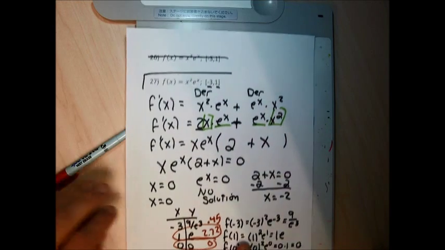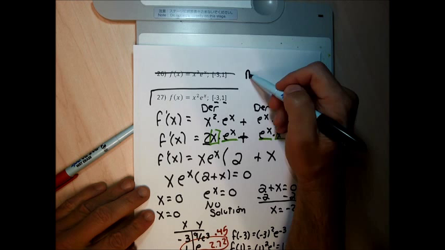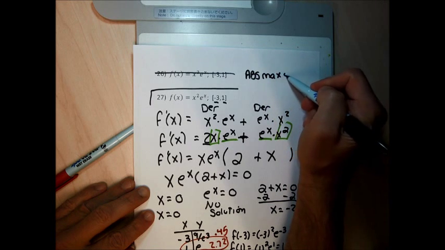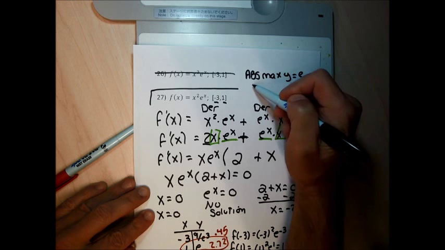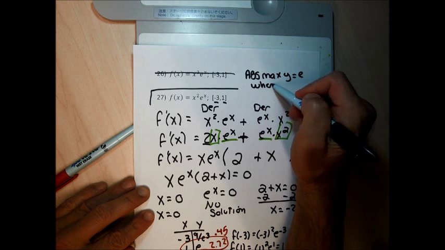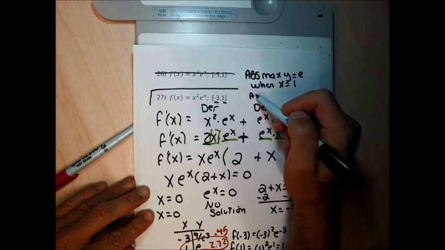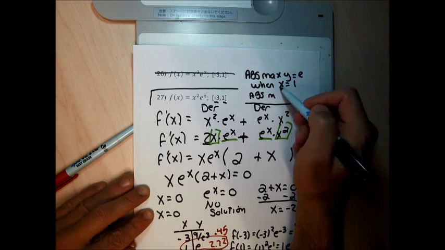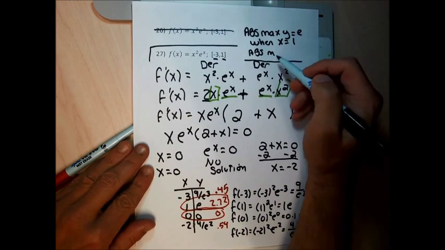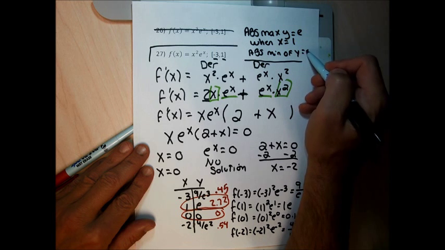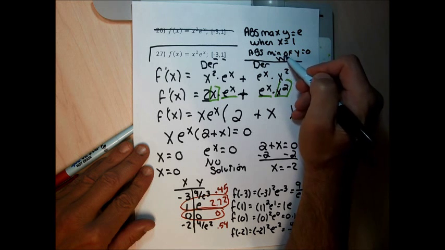So for an answer for problem 27, I'd probably say there's an absolute max of y equal to e, which occurs when x equal to 1, and there's an absolute min of y equal to 0, which occurs when x equal to 0.